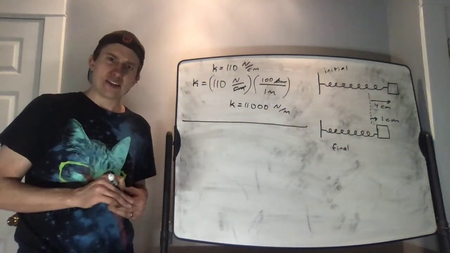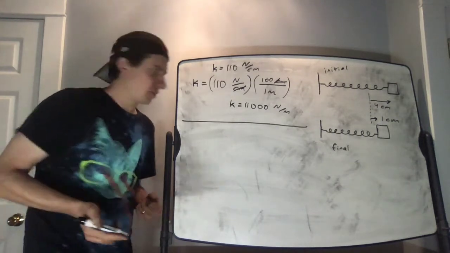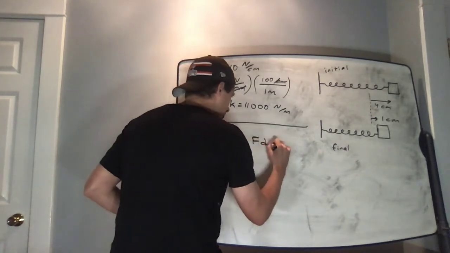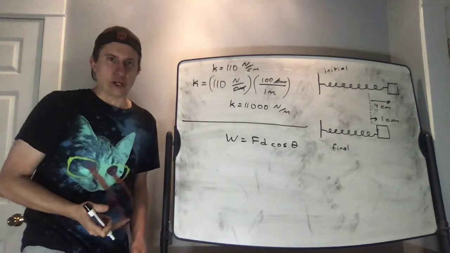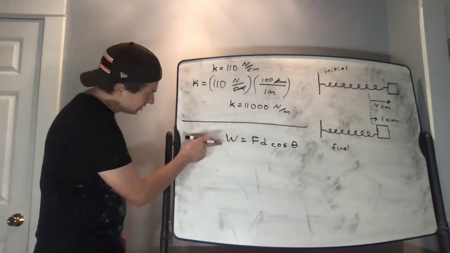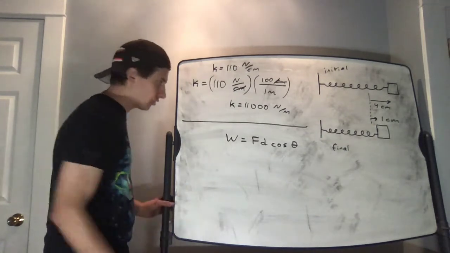So how could we find the work done on the object by the spring? One thought initially might be, what about trying work is F d cosine theta? We cannot use this equation. The reason we cannot use this is because this equation assumes that the force F is a constant force.